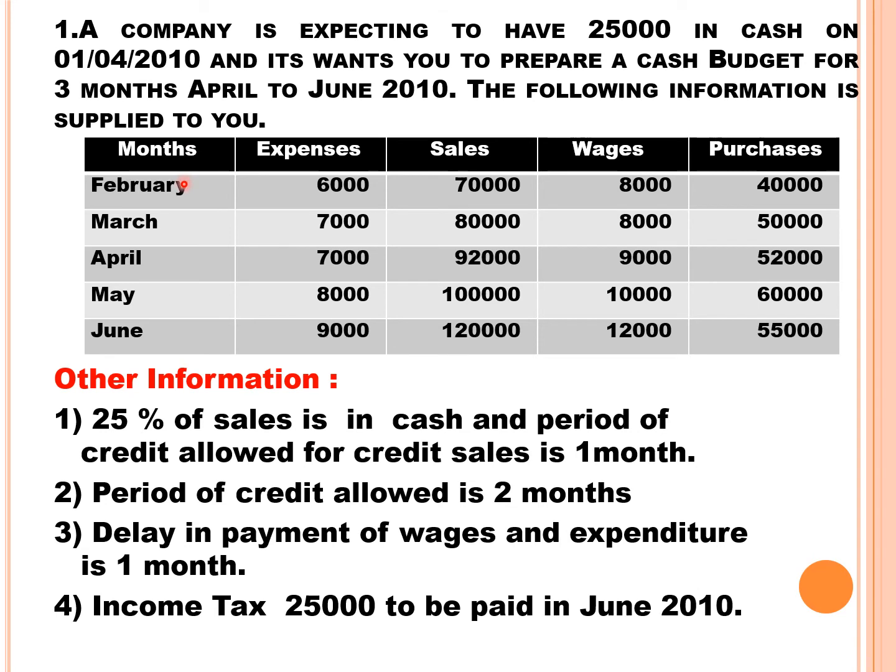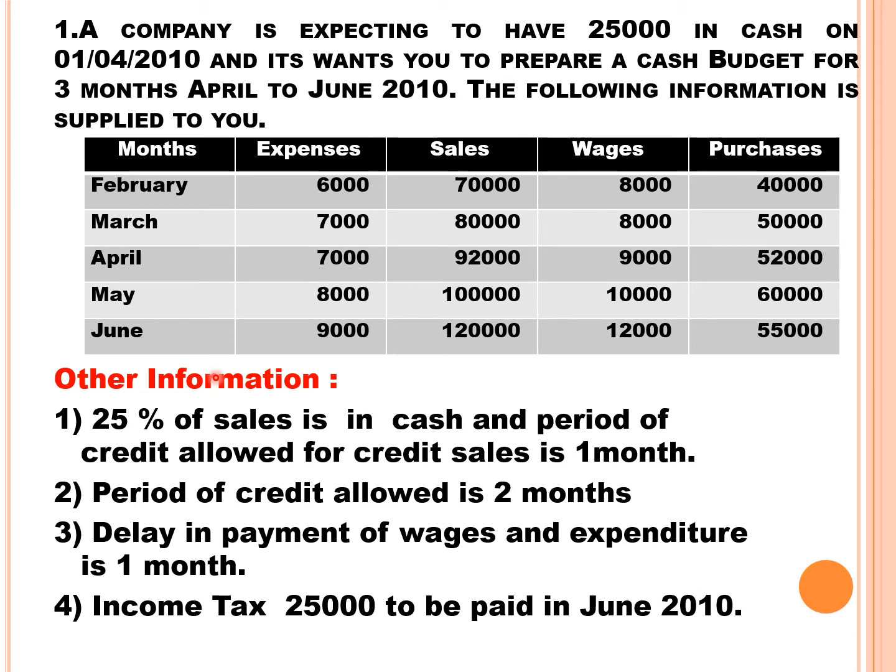We have information from February to June, but we should prepare the cash budget only for April to June. So February and March information will help us to prepare the cash budget. Expenses is a payment, sales is an income, that is called receipt, wages is a payment, purchases is a payment. So we have 3 payments and 1 income.